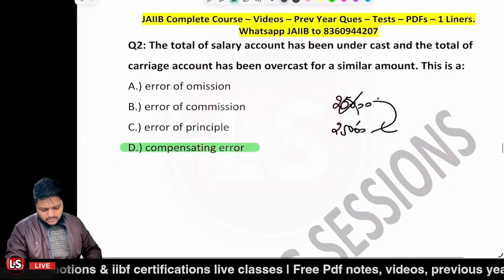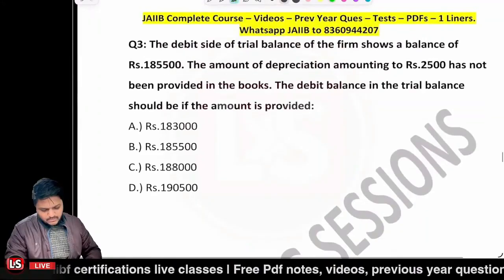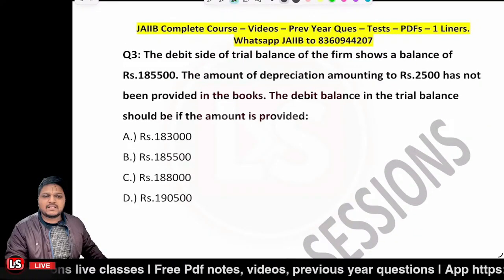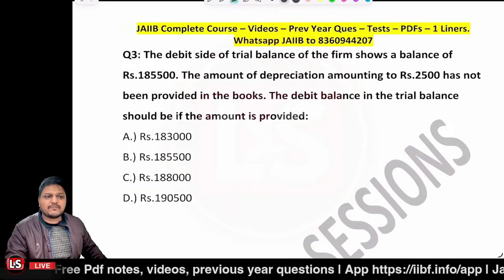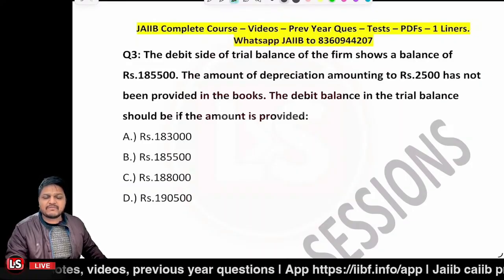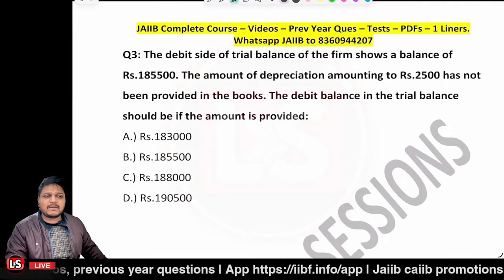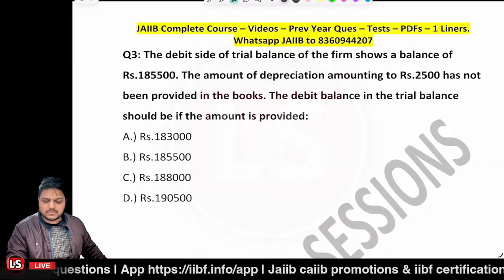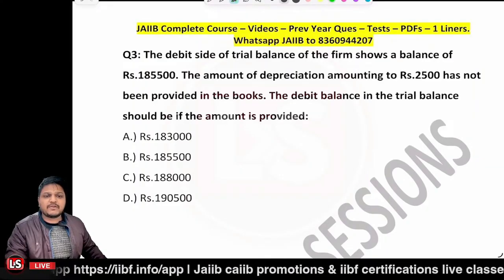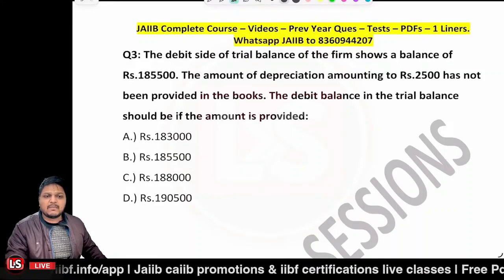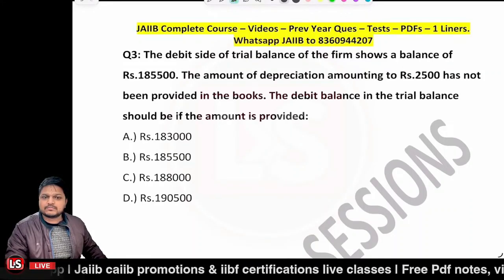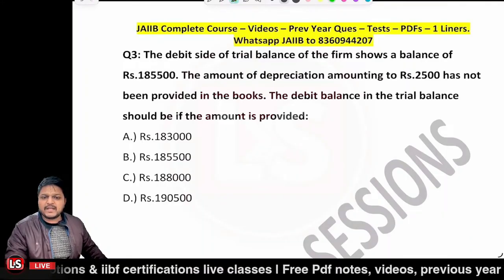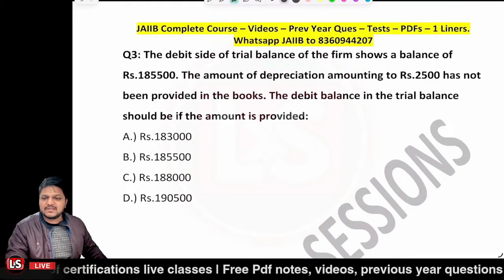Now let's move to the next question. Question number 3. It says the debit side of trial balance of the firm shows a balance of rupees 1,85,500. The amount of depreciation amounting to rupees 2,500 has not been provided in the books. The debit balance of the trial balance, if the amount is provided, would be what? So pay attention towards the basics, right?